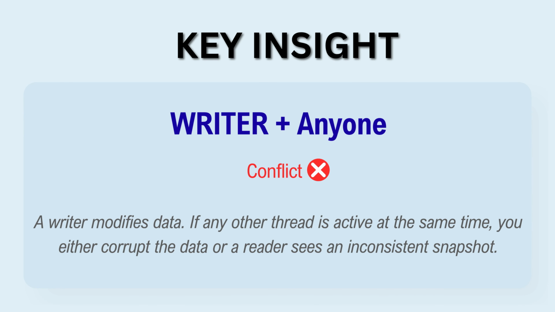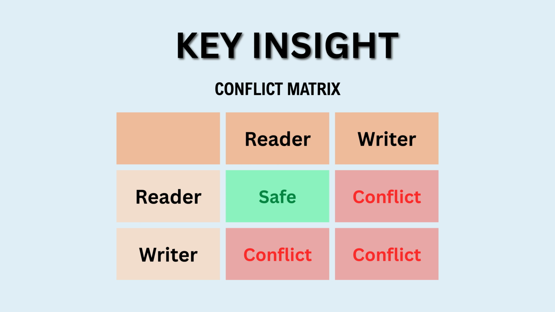A writer plus anyone leads to conflict, always. A writer modifies data. If any other thread is active at the same time, you either corrupt the data or a reader sees an inconsistent snapshot. Look at the conflict matrix. Reader versus reader, safe. Reader versus writer, conflict. Writer versus writer, conflict.